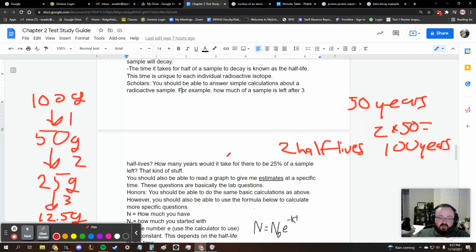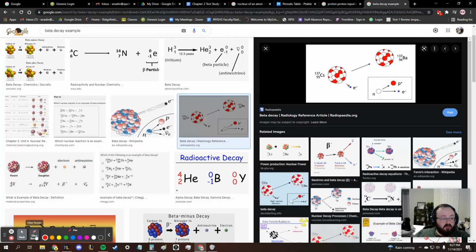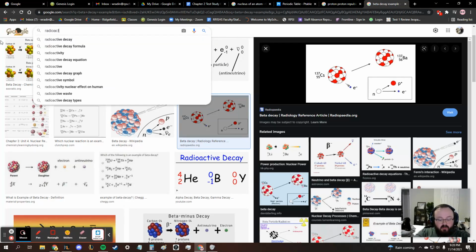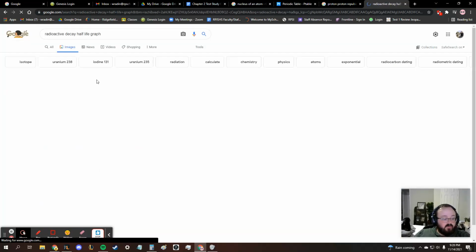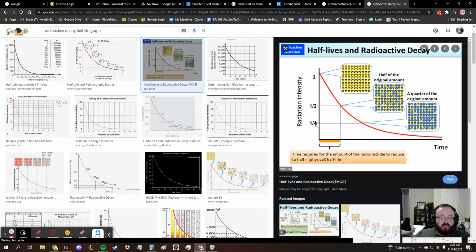You also are going to need to read a graph that gives these estimates at specific times. This is, again, kind of the lab question. Let me get back here. A half-life graph. Right, so something that looks like this.